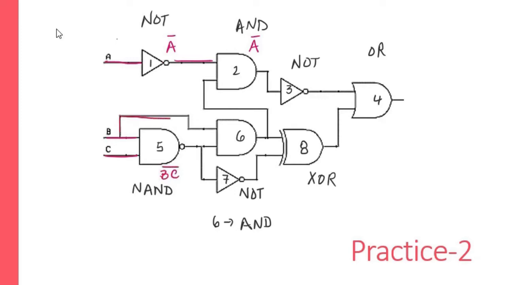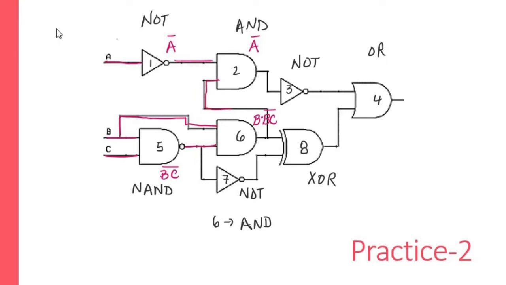B also goes into gate number 6, an AND gate. And the second input for gate number 6 is the output, not BC, from gate number 5. So the output for gate number 6 is B and not BC. Maybe you want to write that with a dot, B and not BC. Now I notice that B and not BC also goes into gate number 2, an AND gate.